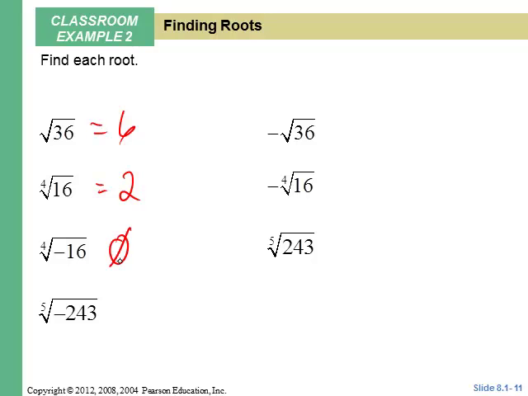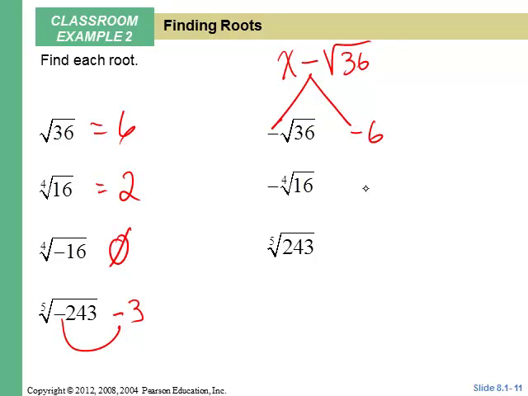This doesn't exist because it's a square root of an even index. This would be -3. The negative sign translates out. This is -6. Now the reason it is, it's like x minus the root of 36. This negative sign is the same as a subtract sign, so that's why the negative sign there makes sense.